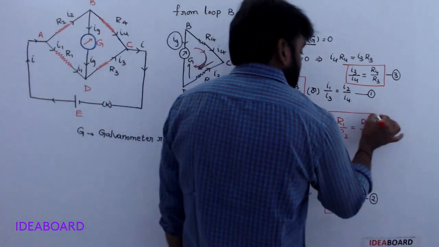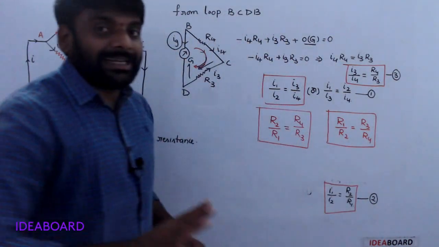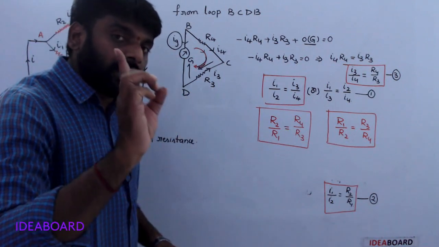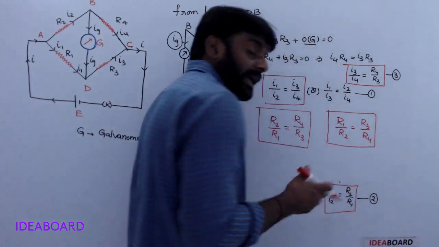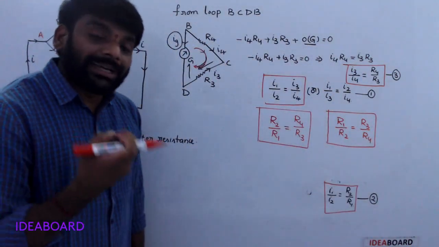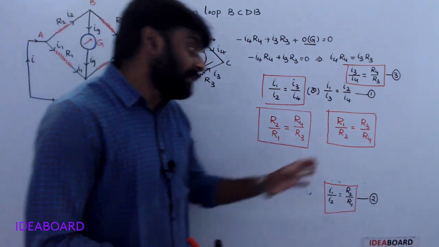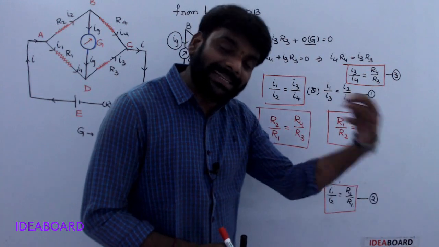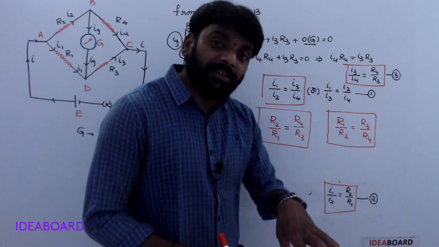If in case you know three resistances and you don't know one resistance, by using this formula we can find out the unknown resistance of a resistor in terms of the remaining three resistors.